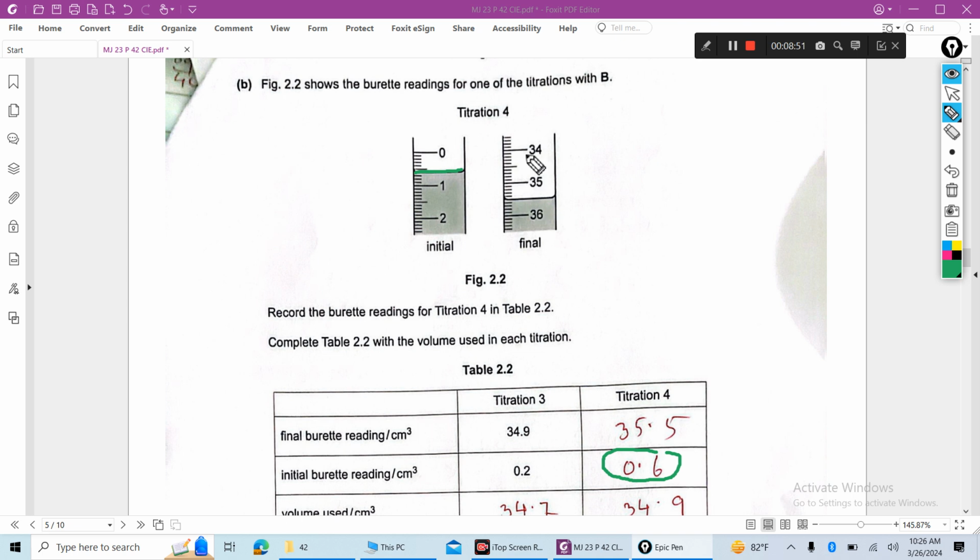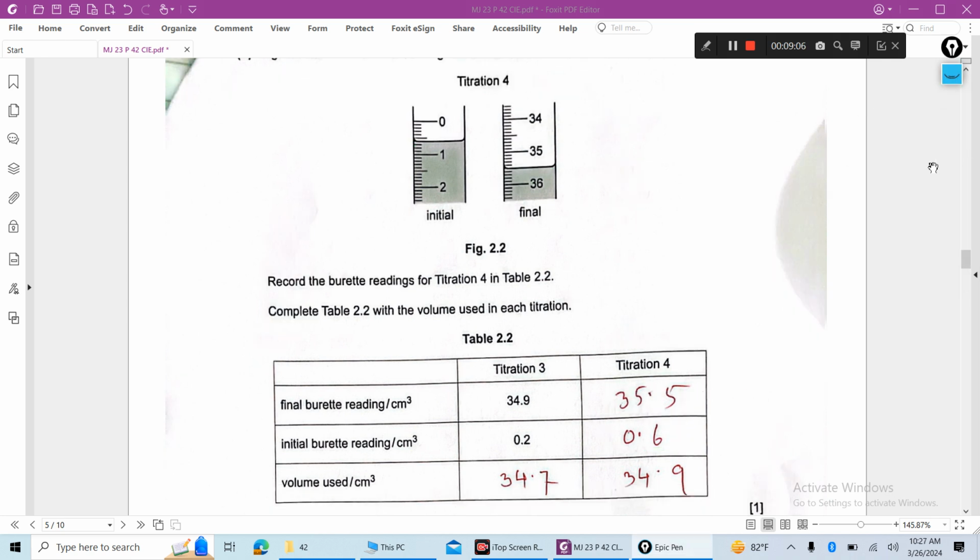Then finally you count 34, 35, 36, middle of the position, 5 small divisions, so 35.5. Then you will get volume added or volume used, final burette reading minus initial burette reading, so you get 34.9.